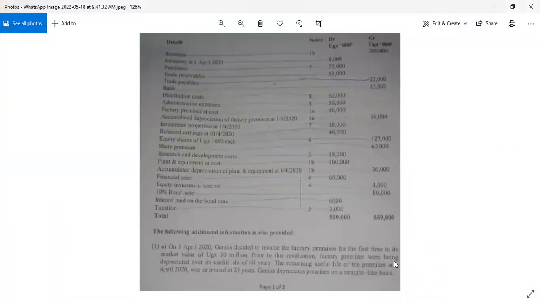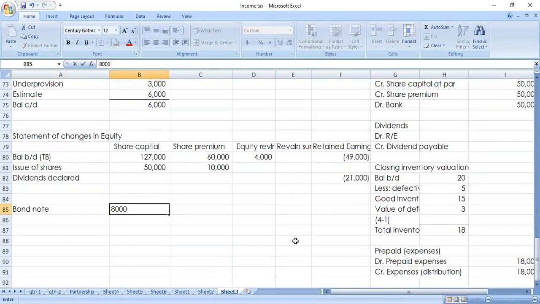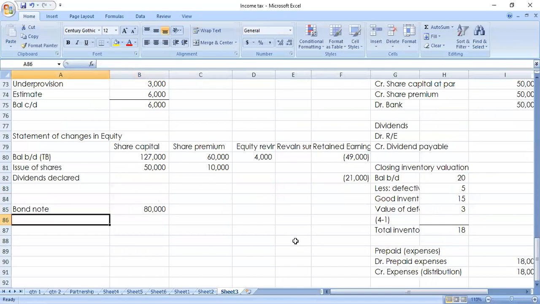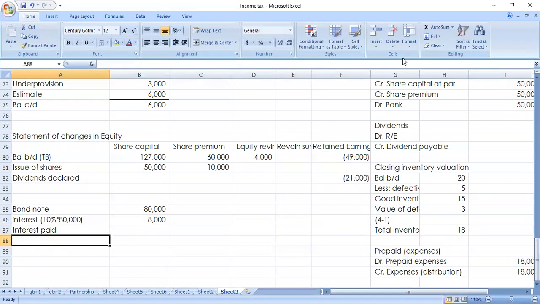After equity, you have now the bond note 10%. I said interest paid. Okay, so here there was a trick. You're supposed to come to your bond. It was 80,000, and the interest is 10%. 10% of 80,000, you're supposed to have 8,000 as interest. But now the interest that you paid, you may go there and check it.